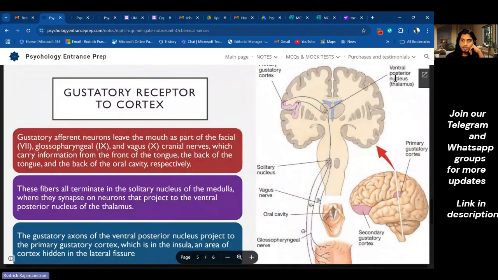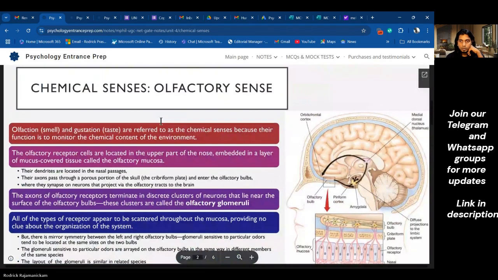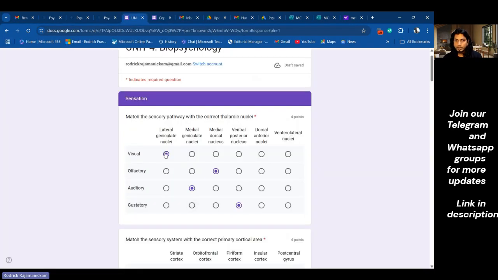So for gustatory, it goes through the ventral posterior nucleus in the thalamus. And for olfactory, it is the medial dorsal nucleus, MDN. So these are the various nuclei which connect to various different cortical structures.